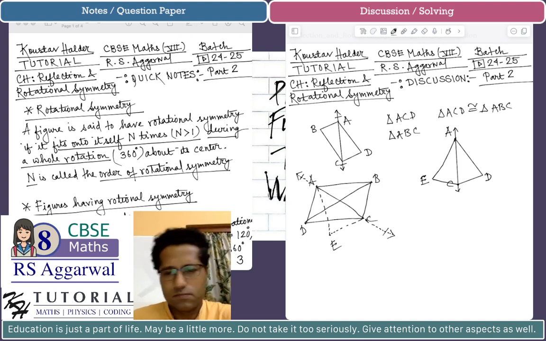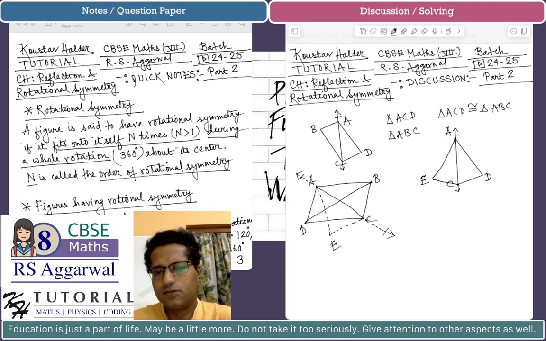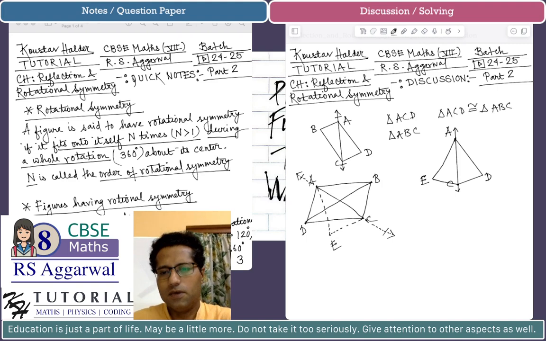And if you observe, the quadrilateral AECB will be a kite. Anyway, this was one thing I wanted to clarify before starting rotational symmetry.